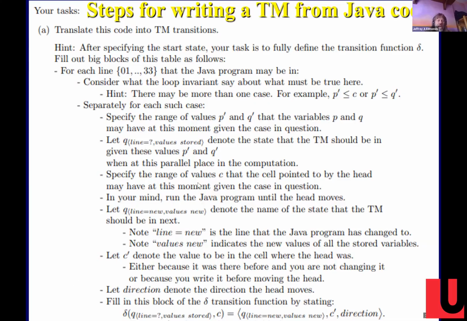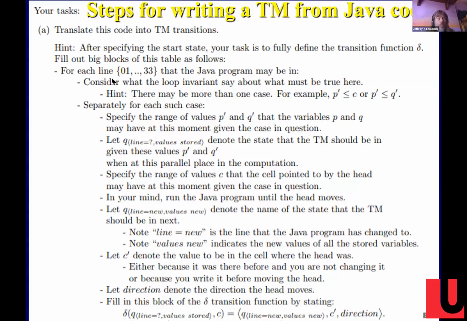So you run the Java code, and you keep running it until the head moves. And when the head moves, then say, now what state is your Turing machine in? You're going to be in some new line.